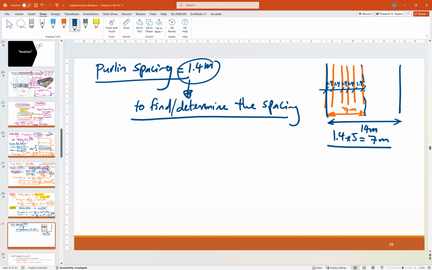How many purlins do we have in 7 meter? Because we need the number of purlins. So we have 6 purlins.